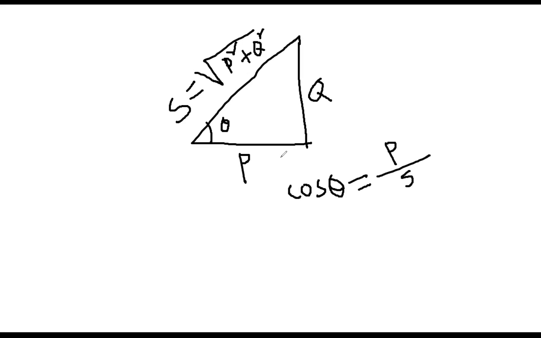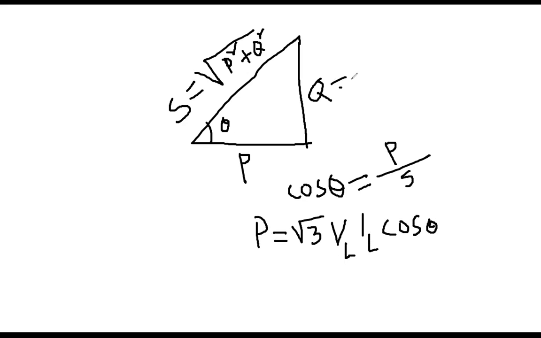And then you notice, the real power was root 3 VL IL cosine theta. That was the real power expression for a three-phase system. And this one was root 3 VL IL sine theta.